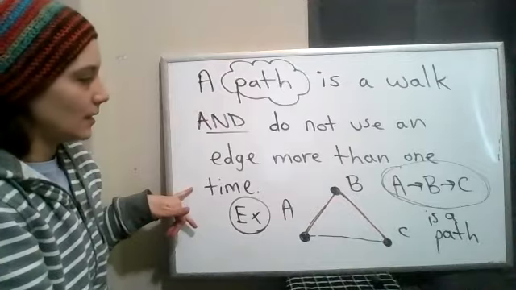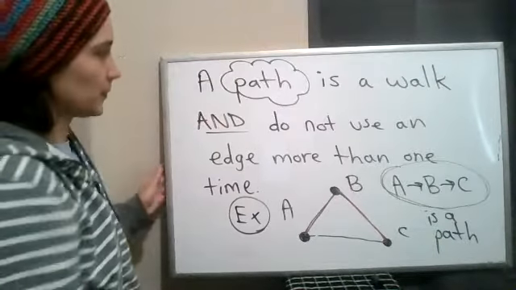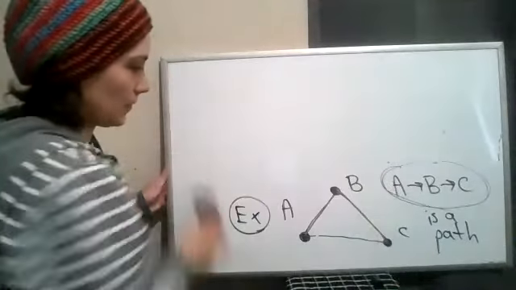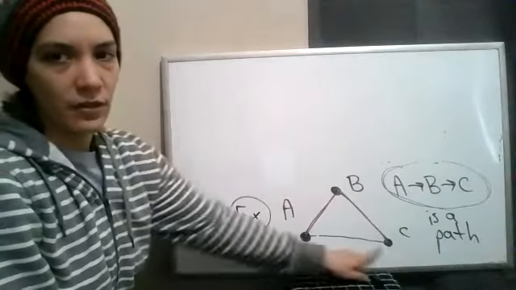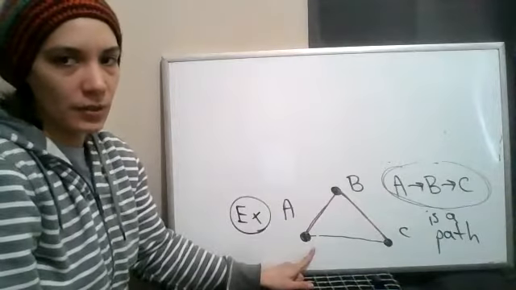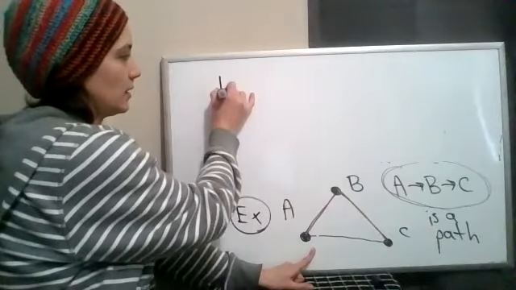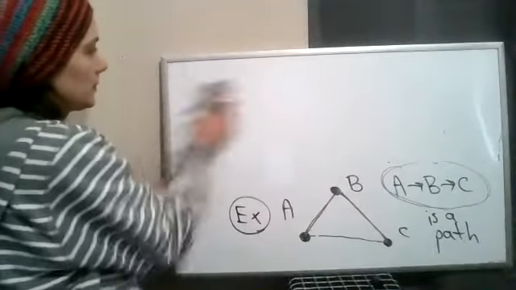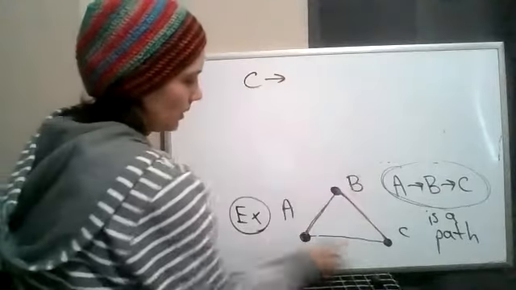Let's just put CA. That's also a path. You cross that edge just one time, which is cool with the definition for path.